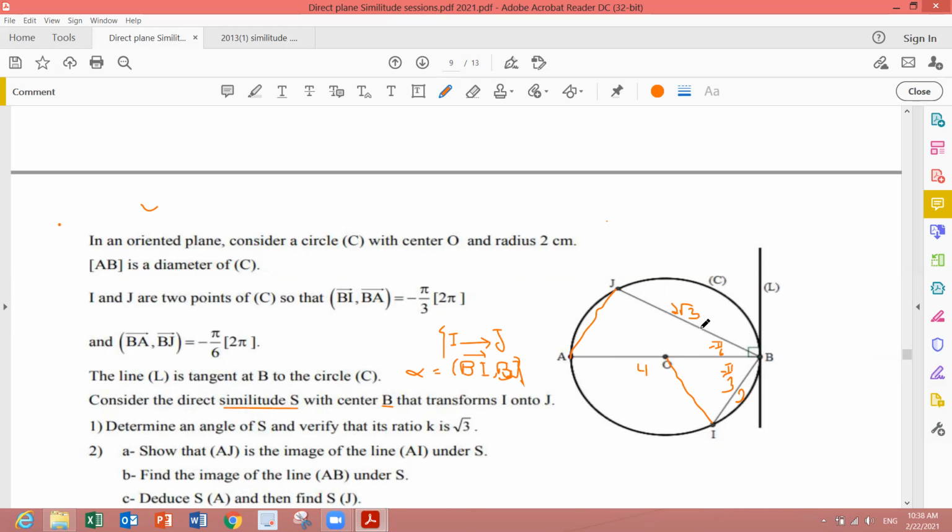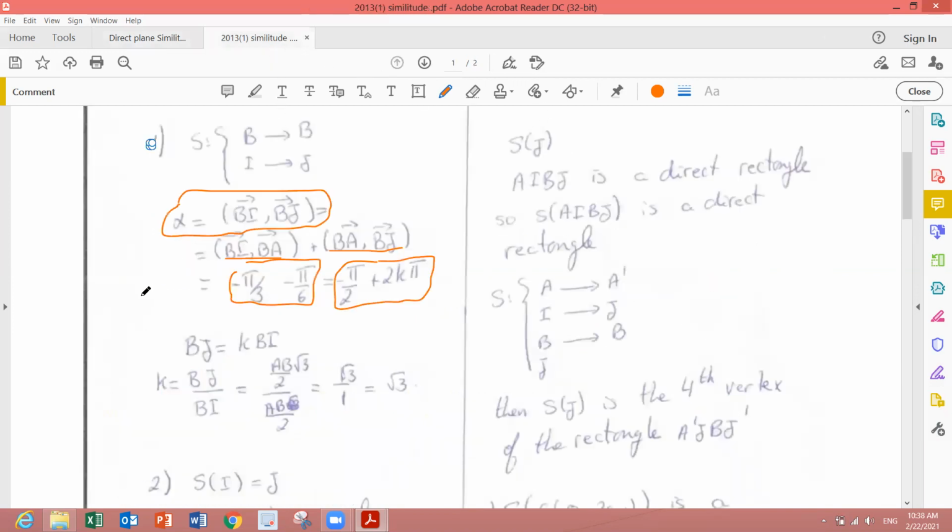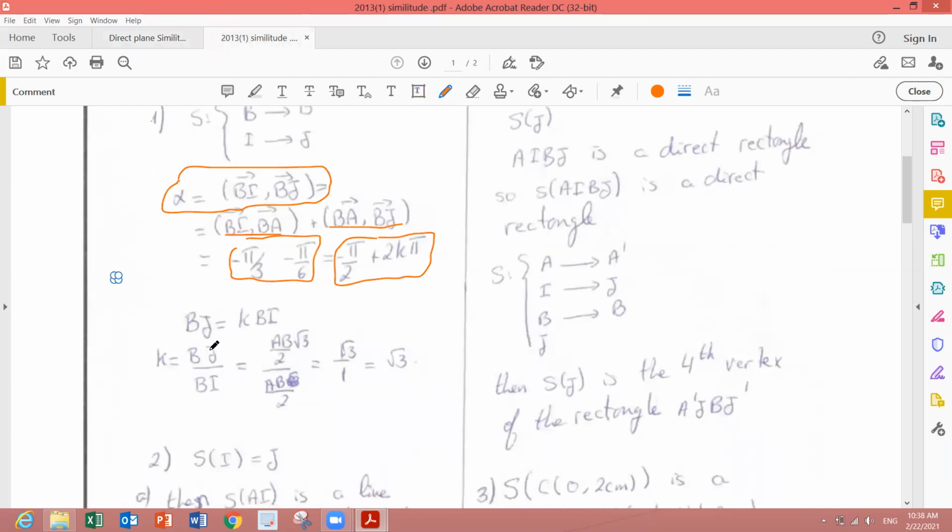So the ratio 2 radical 3 over 2 is radical 3. Or taking each triangle on its own, BJ is AB radical 3 over 2, BI is AB over 2, with AB equal to 2, and we get radical 3.